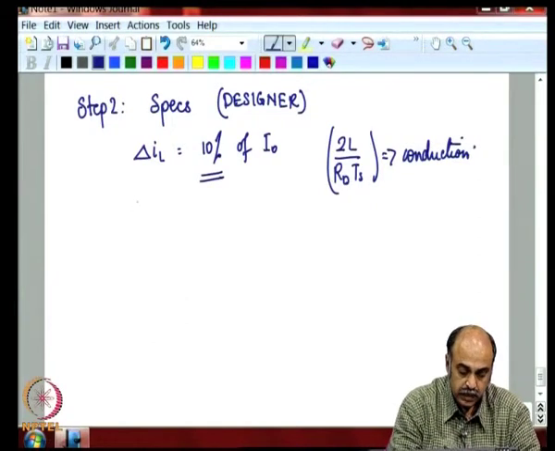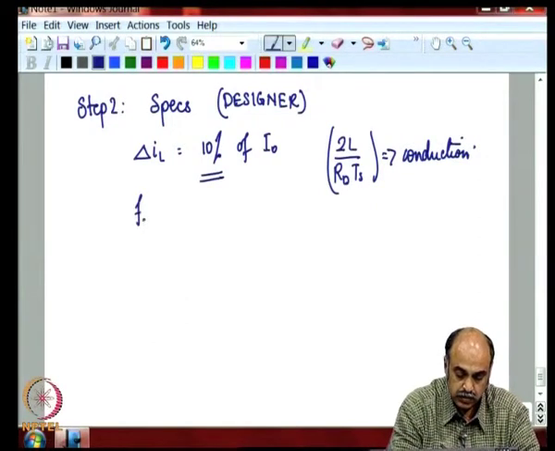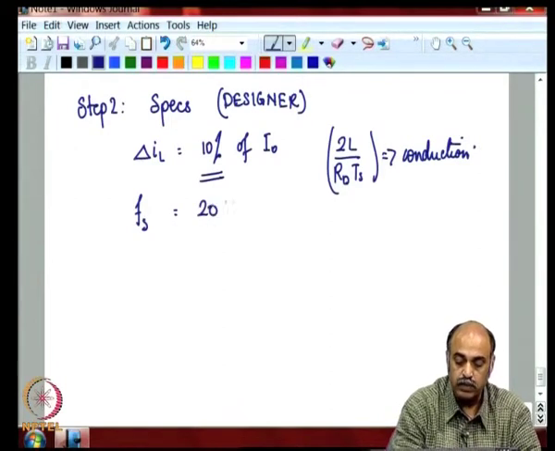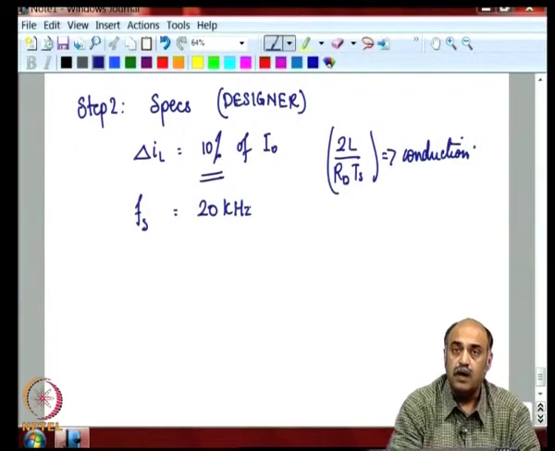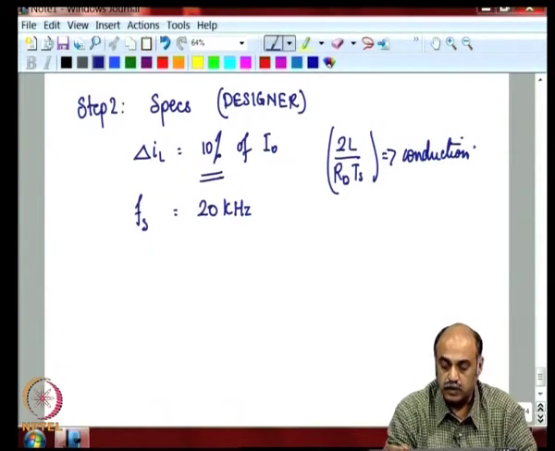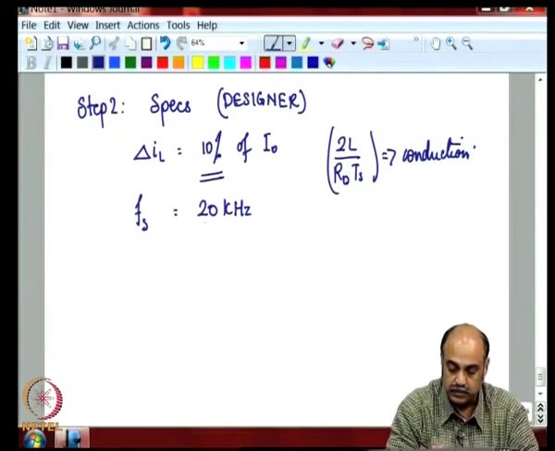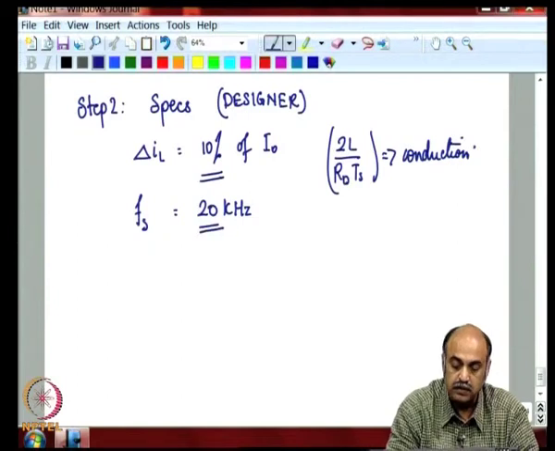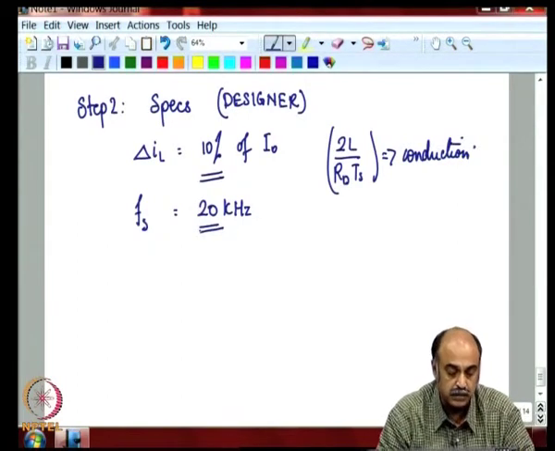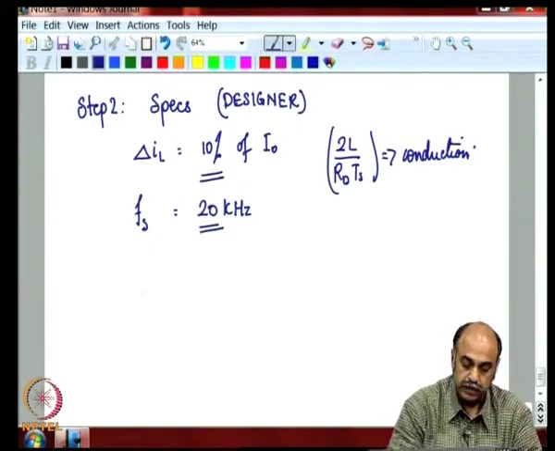And then you need to decide the switching frequency. What is the switching frequency? Do you want to switch at 20 kilohertz, 50 kilohertz, or 100 kilohertz? So decide that. I just marked it here as 20 kilohertz, but it could as well be 50 kilohertz, 100 kilohertz, depending upon your application.